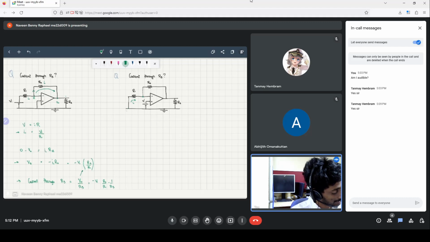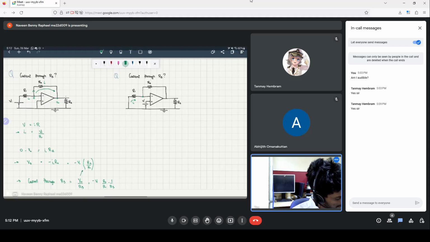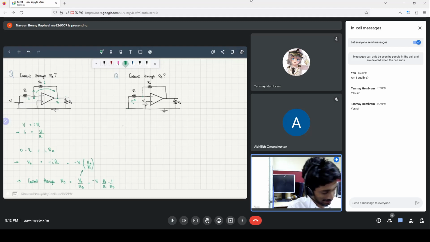So that means when you write the voltage law, when you write the equation for current here, we'll get Vi is equal to... we'll write it like this: V0 minus Vi is equal to I1 into R1.